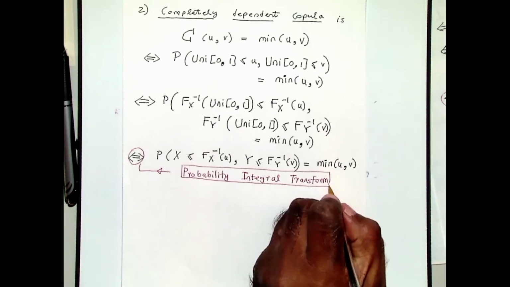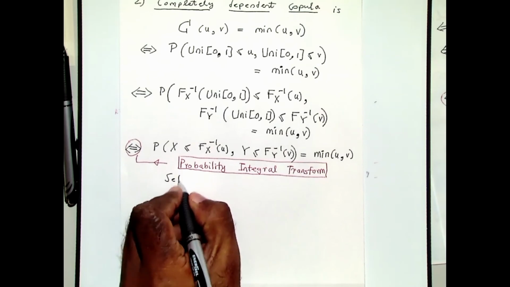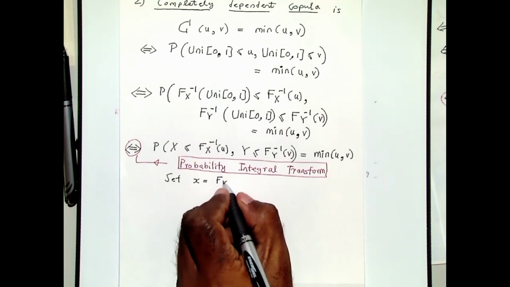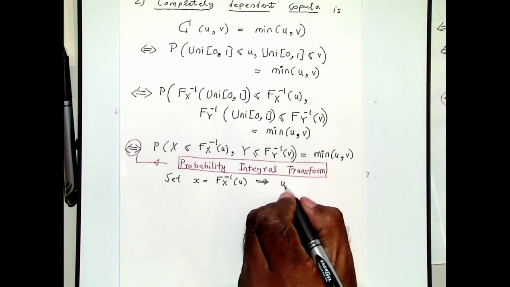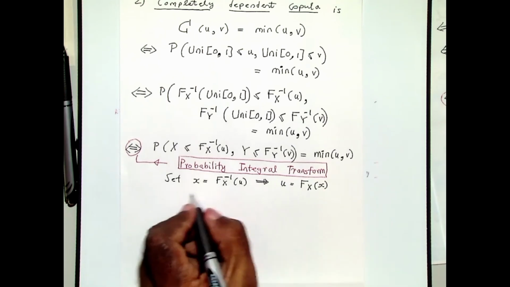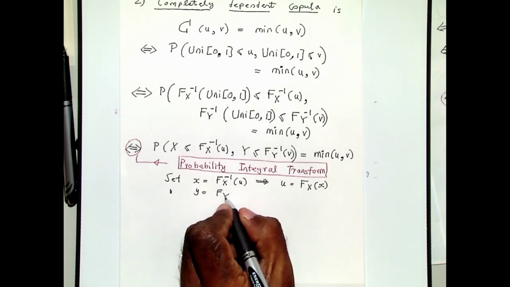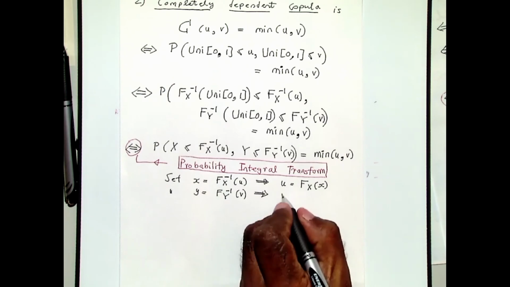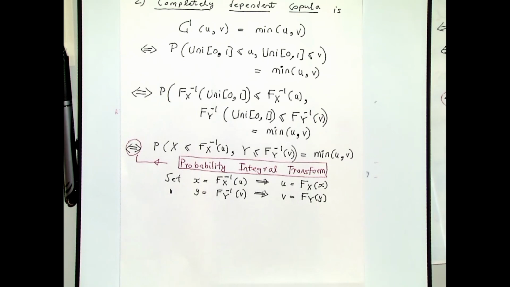Now, before I go to the next line, as I did in the previous slide, I'm going to set little x equal to this, which implies that u is equal to F_X of x, and also set little y equal to this, which implies that v is F_Y of y.